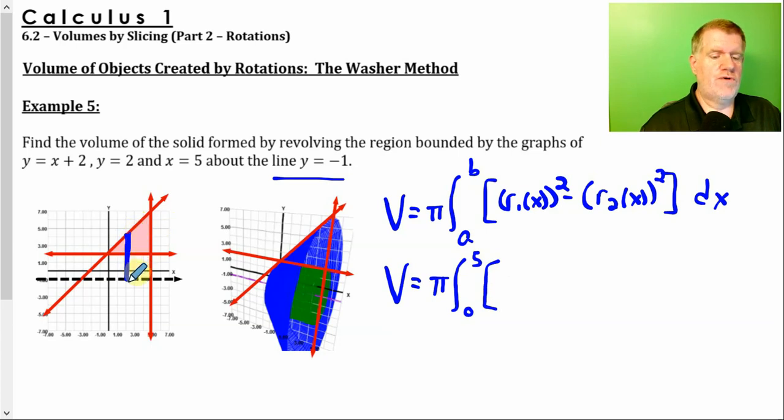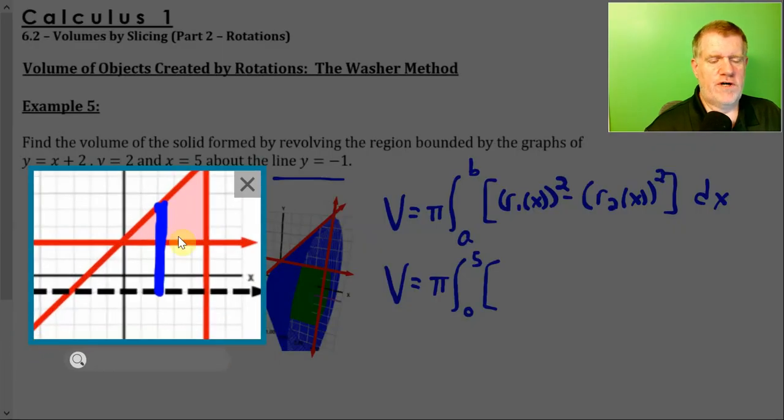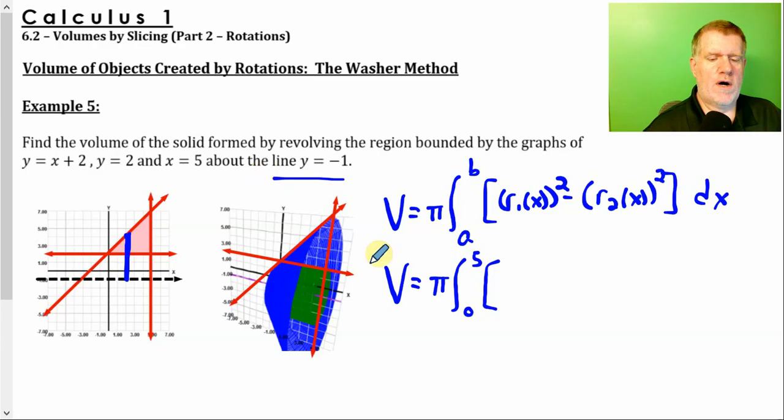But how much more am I adding here? So from here to here, it's x plus 2 plus 1 more. Okay, so make sure you guys can see that okay. The distance from the axis to the outer edge is the function x plus 2, and that little gap is 1 more.